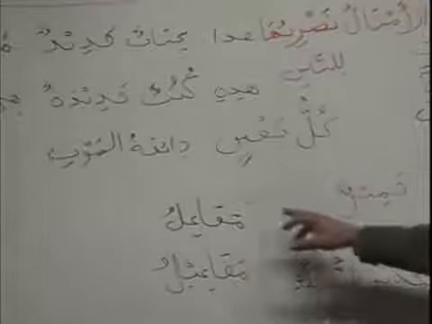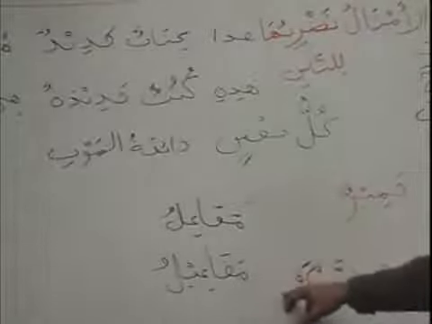Miftahun, what is the jama of miftahun? Mafatihu. Mindilun, what is the jama of mindilun? Manadilu. Diptote. Fundukun, fanadiku. Masjidun, masajidu. Madrasatun, madarisu. They are all diptote. If they are on the pattern of mafa'ilu and mafa'ilu, then they are diptote, inshallah.